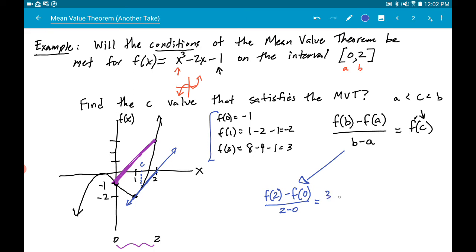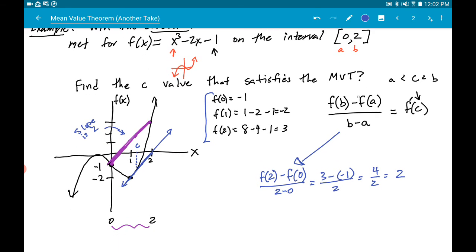So I've got 3 minus 1, and on the bottom, I've got 2. So I've really got 4 over 2. That's a nice, convenient number. Should have done it in purple, but that's telling me that the slope of the purple line is 2.